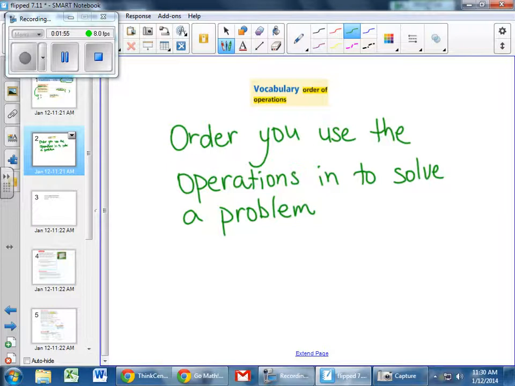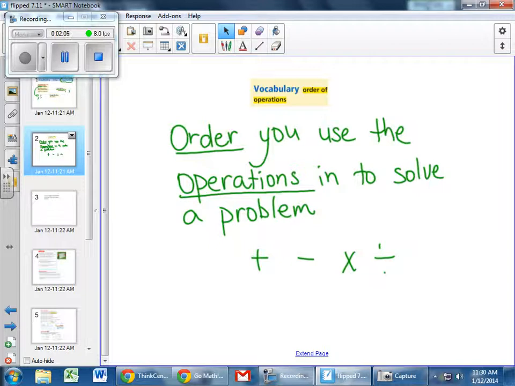So you're looking at what order you are going to perform those operations of adding, subtracting, multiplying, and dividing in order to solve a problem. That is basically what the order of operations is. If you want to look in your e-glossary on the Think Central page or in the back of your book to find that definition, it is in there for you to look, and we'll give you an example of those things.